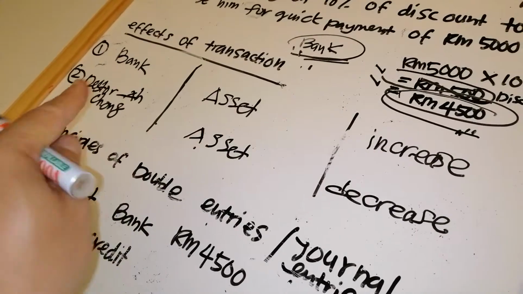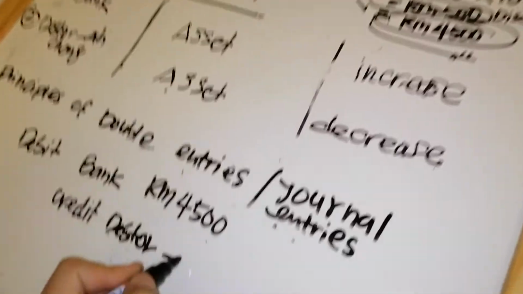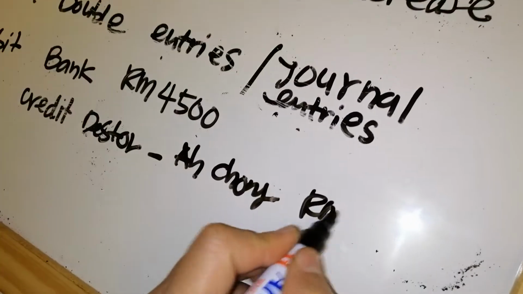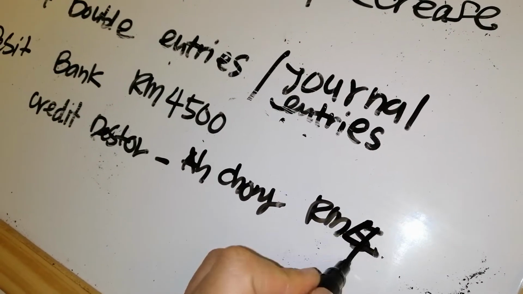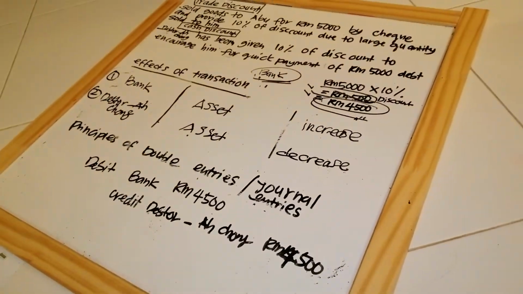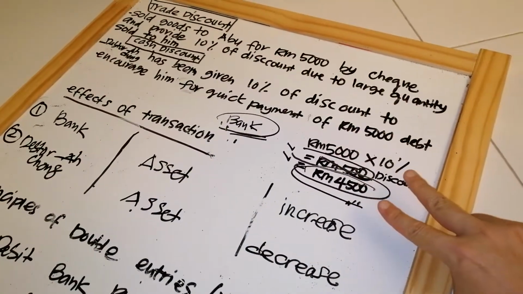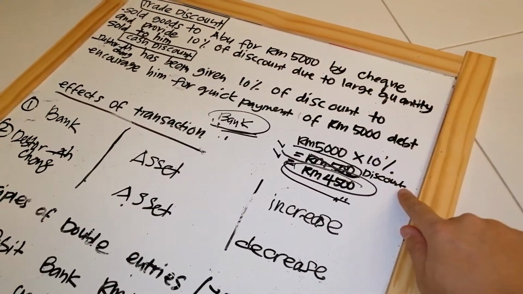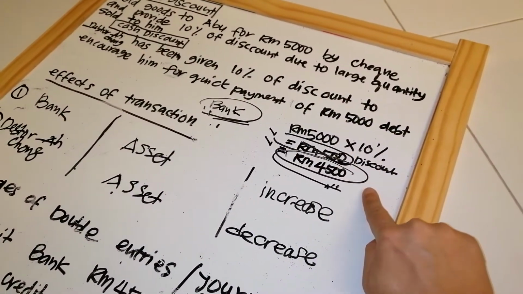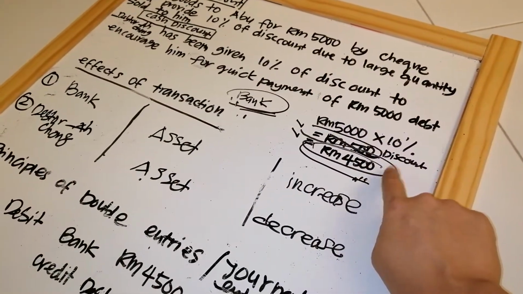So credit not the asset, credit the specific name of the asset, which here is debtor Achong, similarly 4,500. Can you see? From one transaction, we have two things to be recorded. The discount allowed that you offer to Achong, the debtor, for quick payment. And then, the balance of the amount that Achong must pay to your business.